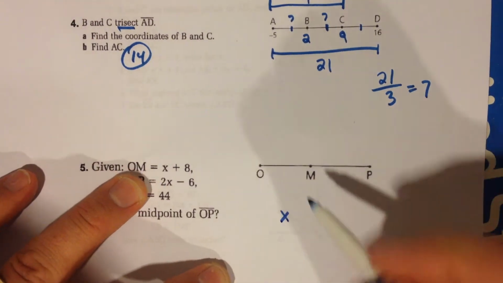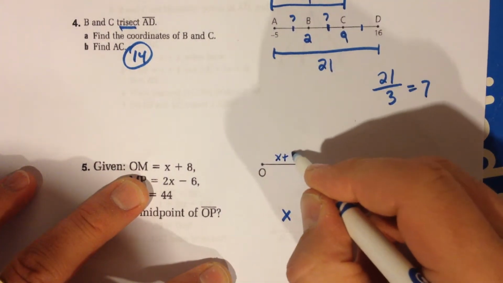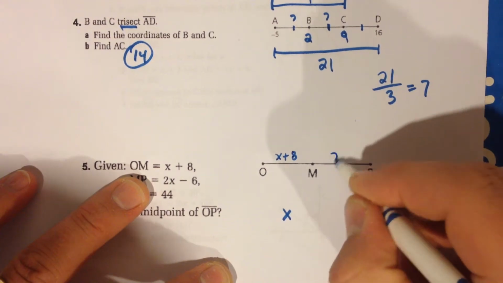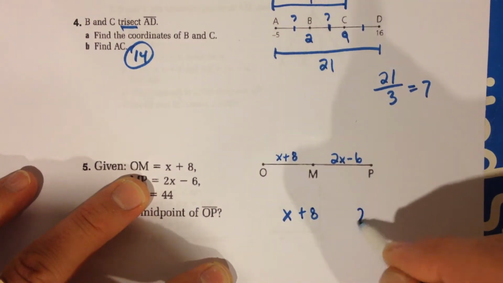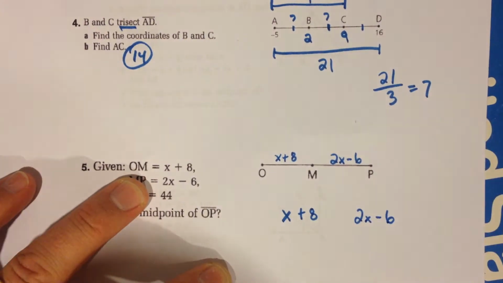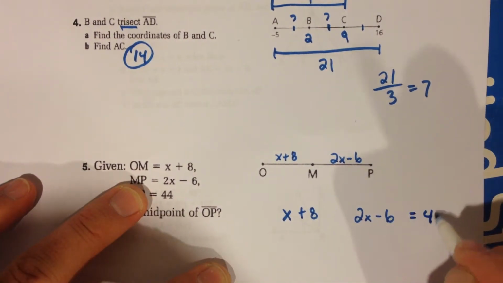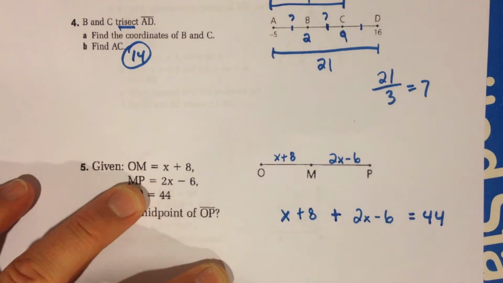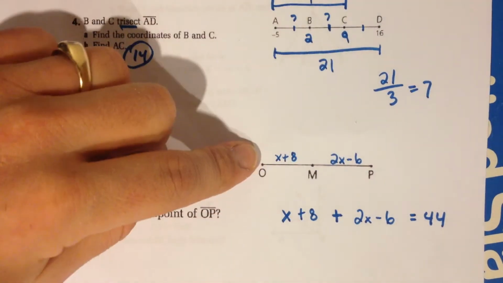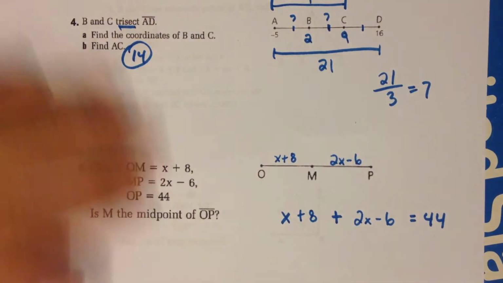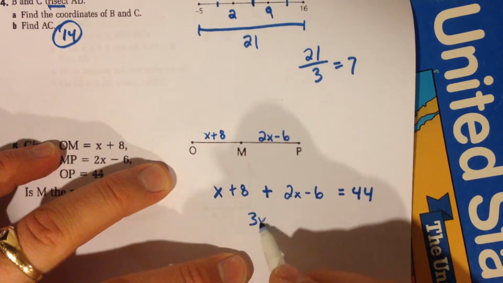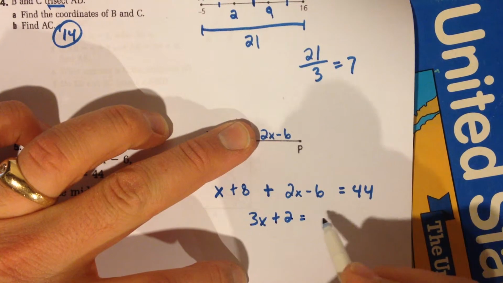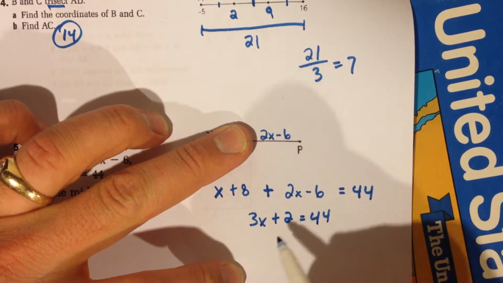The only thing I know is that x plus 8 and 2x minus 6, all together, so I write them kind of separate. If I add them together, they should equal 44. The entire length of that is 44. So once I solve that, I have 3x plus 2 equals 44.